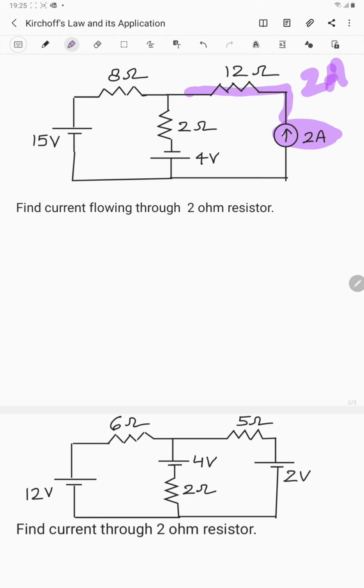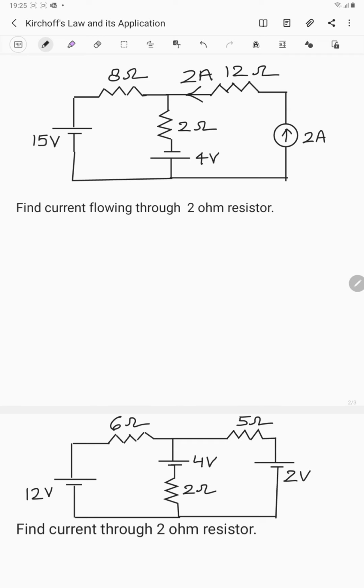It cannot have any other value than 2 ampere. Whatever be the value of this resistor, the current in this branch will be 2 ampere. So in this branch the current is already known to us, and we can write it like this, 2 ampere.